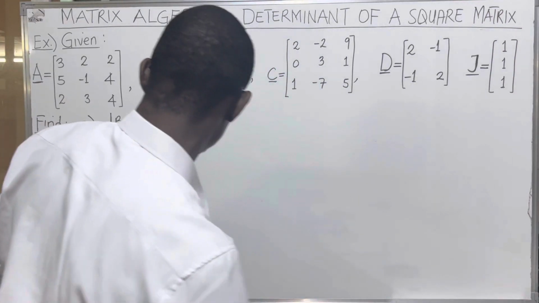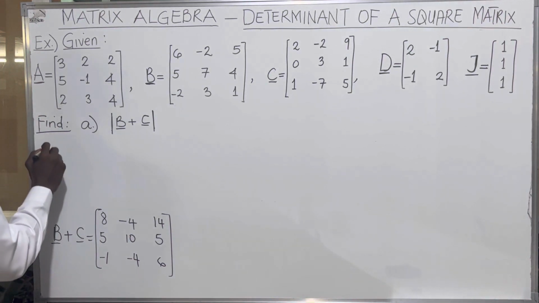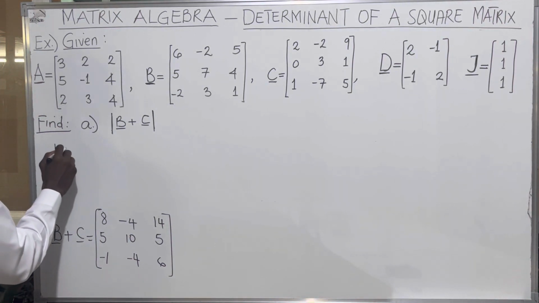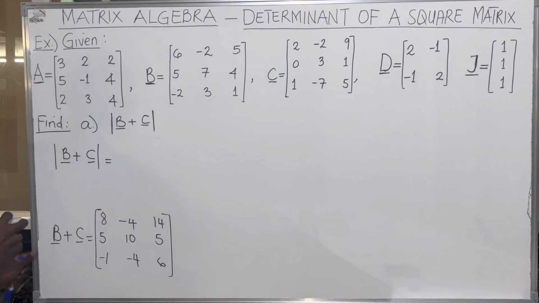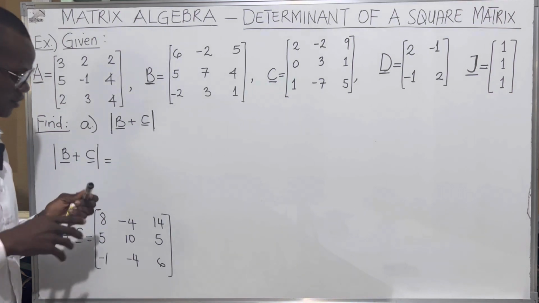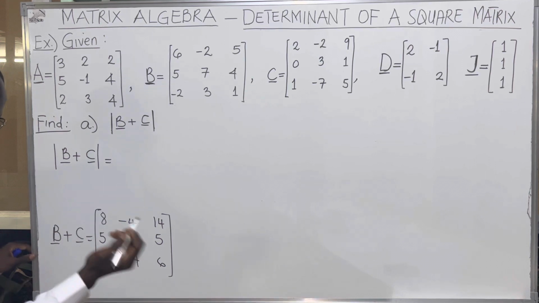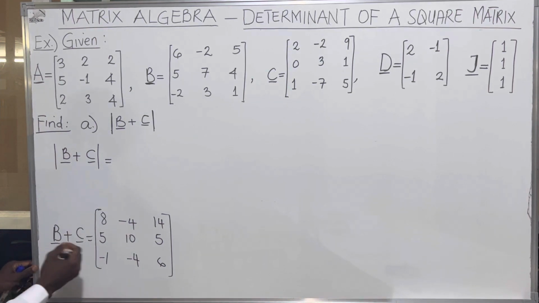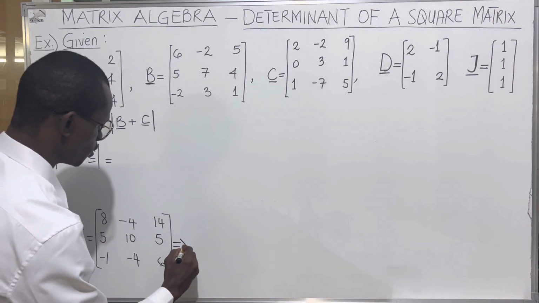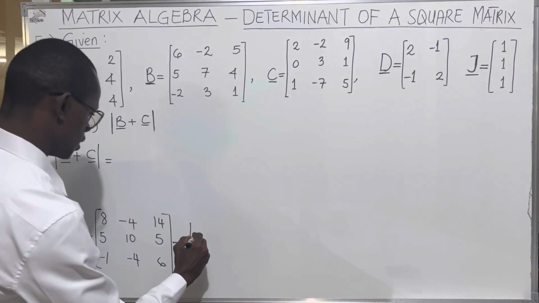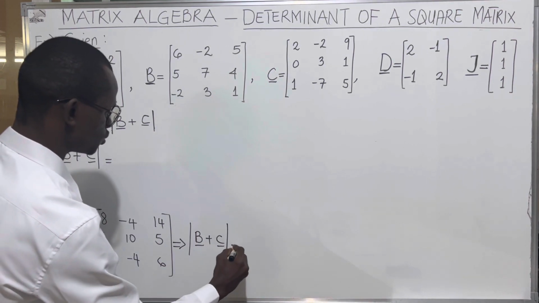So I'm going to use this result now to determine the determinant of matrix B plus matrix C. I'm going to use two methods, and the two of them will give you the same result. So we know that this has now turned into the sum of the two matrices, B plus C.